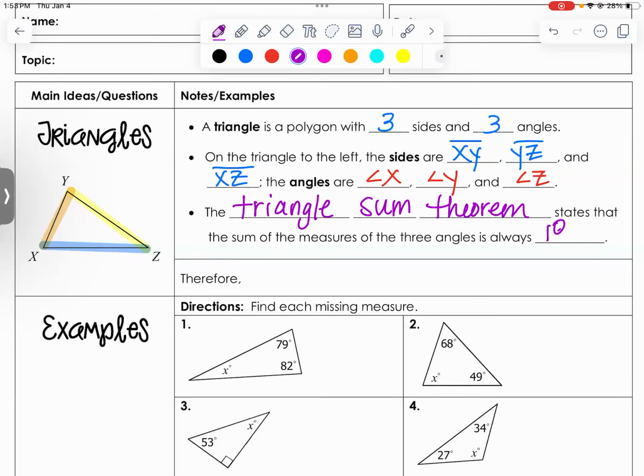Thank you, Ian. 180 degrees. So we know that the measure of angle X plus the measure of angle Y plus the measure of angle Z equals 180. When we put those 3 together and set them equal to 180, voila. Okay.